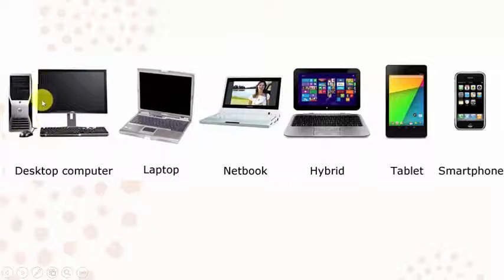This is the desktop computer, which you find in all the offices in LASU. The laptop is what I'm sure you use. They have the netbook, the small size of this. Also, you have the notebook, the hybrid computer, the tablet, the smartphone. You can access this lesson, by the way, using your smartphone.